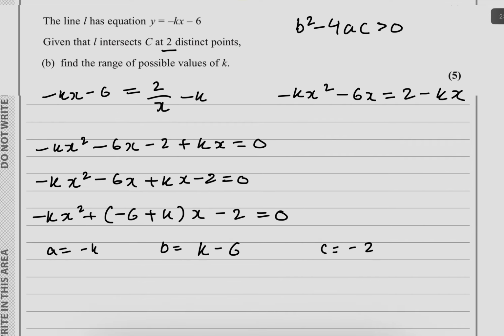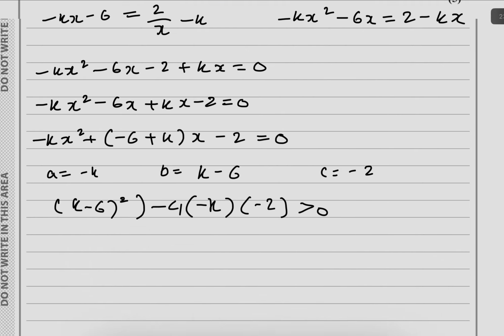Alright, so what we're going to want to do is use the discriminant now, which is k minus 6 squared minus 4 times minus k times minus 2 is greater than 0. So if we were to just open this up, we have k squared minus 12k plus 36, minus 8k, greater than 0 again.